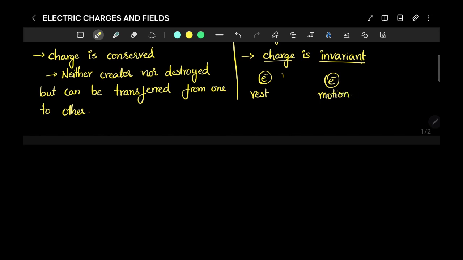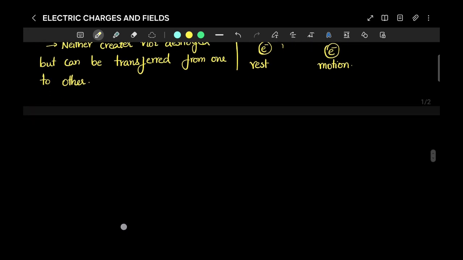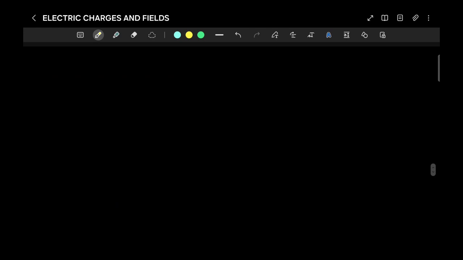It will be constant only. That is the meaning of charge being invariant. Next, the third one, that is important.